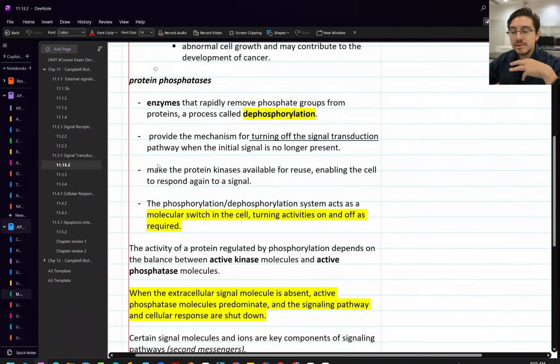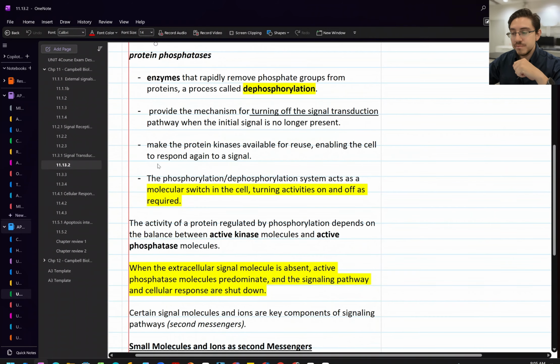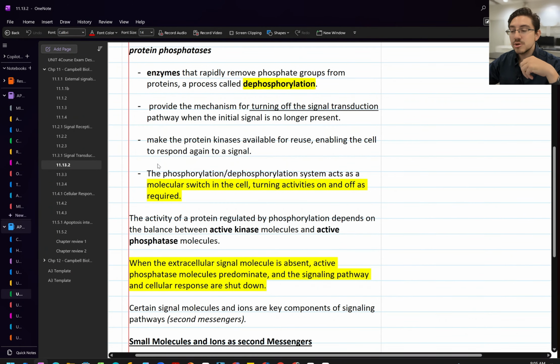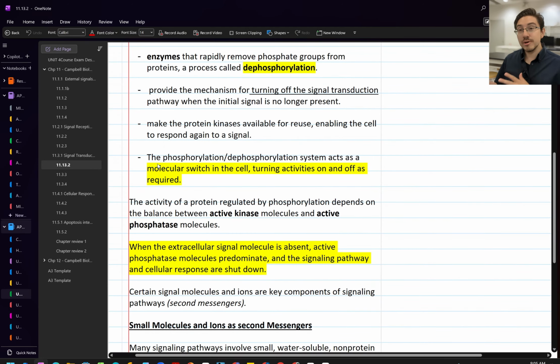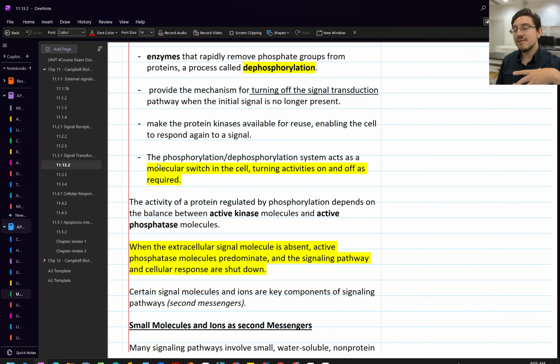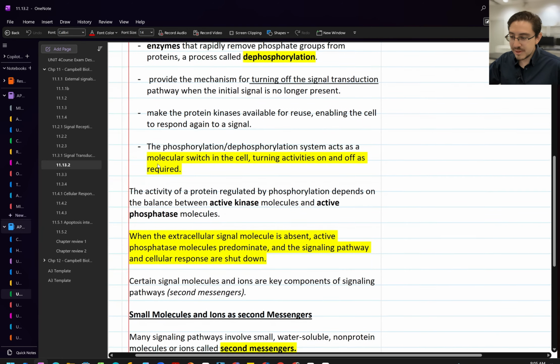So there's another set of proteins that you need to know, the phosphatases. Protein phosphatases are enzymes that help remove the phosphate groups in a process called dephosphorylation. So you have kinases that will phosphorylate, and you have phosphatases that will dephosphorylate, that will take away the phosphate group.